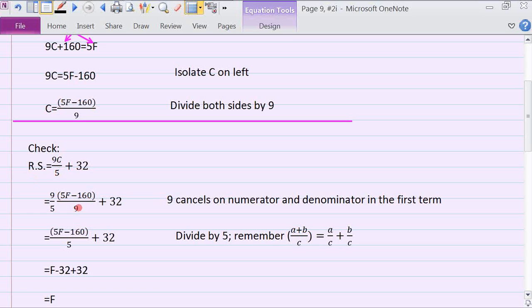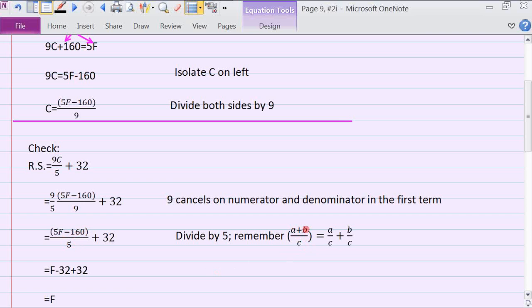Notice that the 9 cancels. The 9 on the numerator and the 9 on the denominator cancel. I'm left with 5f minus 160 over 5 plus 32. Now I can divide the 5 into this term and the 5 into that term in order to simplify it.